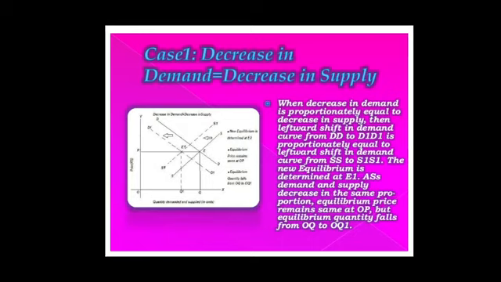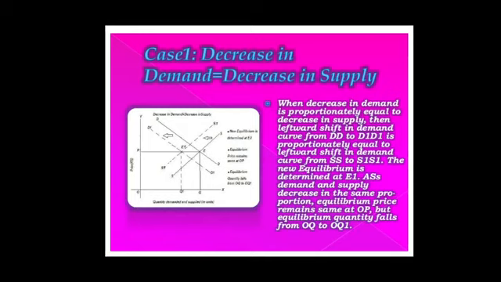When decrease in demand is proportionately equal to decrease in supply, then leftward shift in demand curve from DD to D1 is proportionately equal to leftward shift in supply curve from SS to S1, as can be seen from the figure.